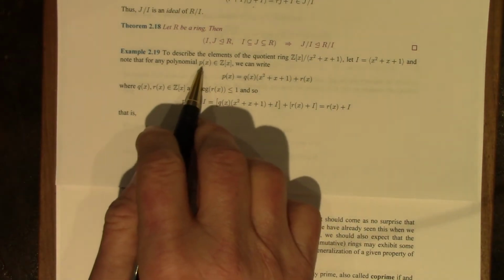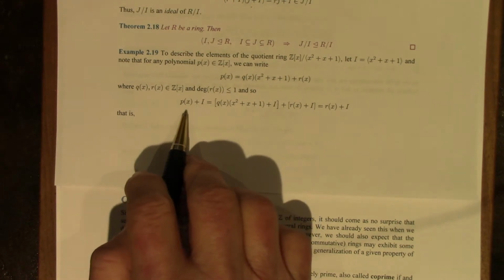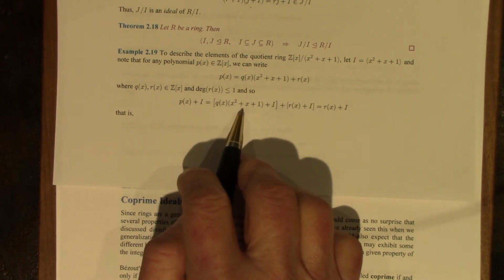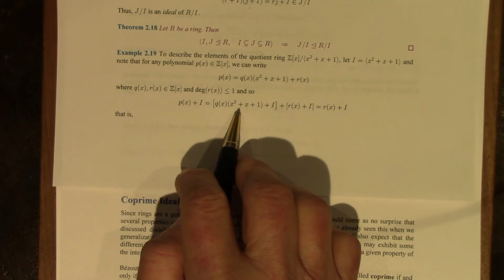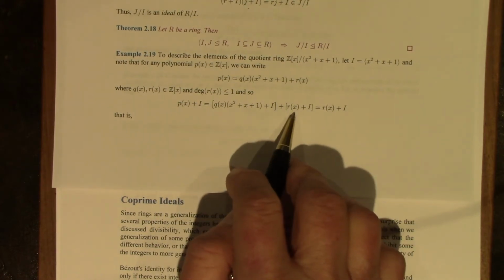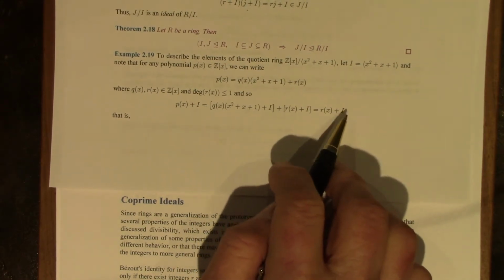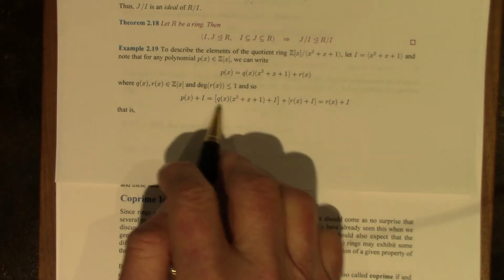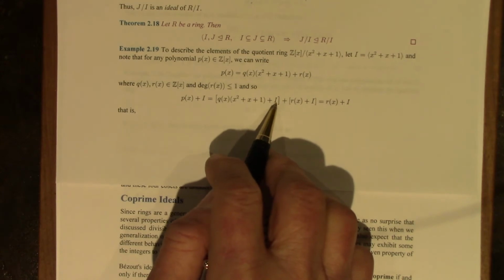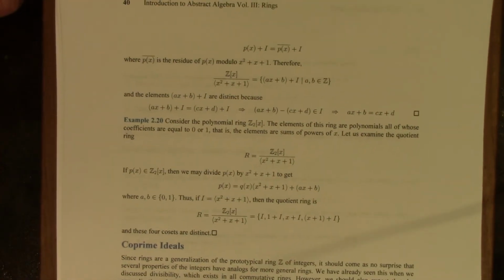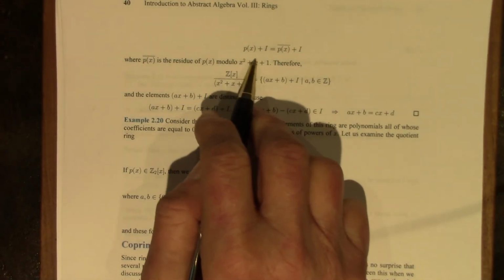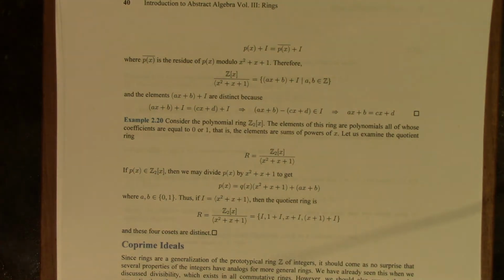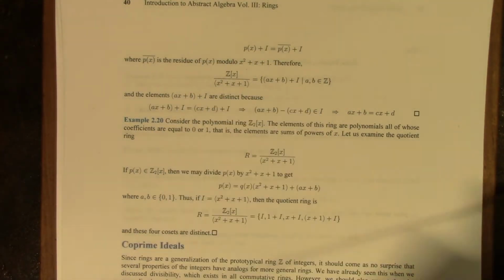So this is an arbitrary polynomial. This is the coset of that polynomial. It looks like this. And since this is a multiple of the generator of the ideal I, this reduces to r(x) plus I. This is 0. This is the 0 coset. It's I. So, put succinctly, p(x) plus I, this coset, is the same as p-bar(x) plus I, where p-bar(x) is the residue of p(x) mod this quadratic polynomial.